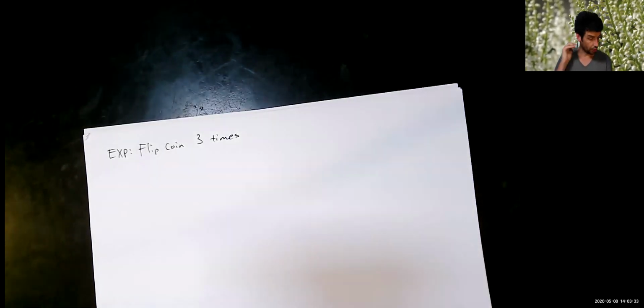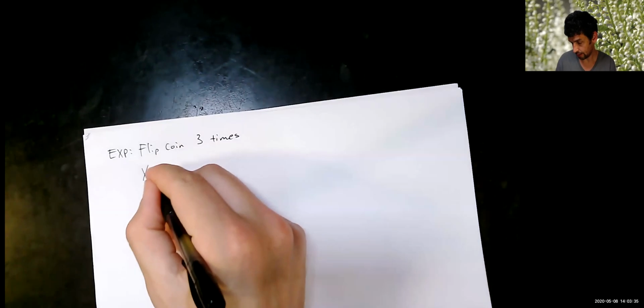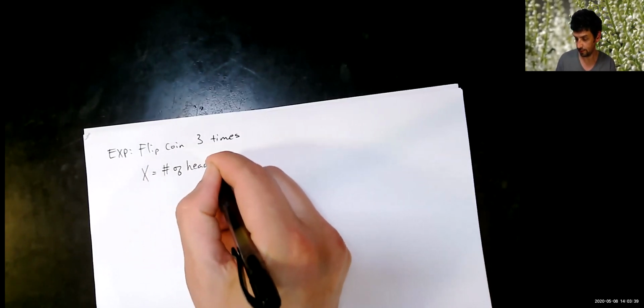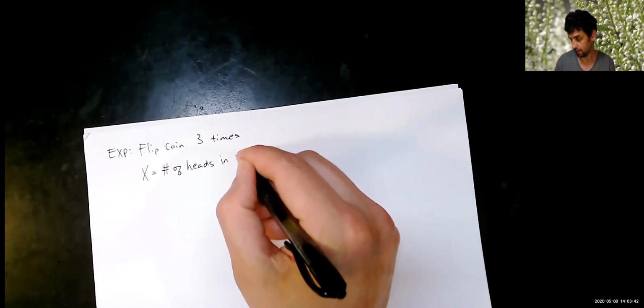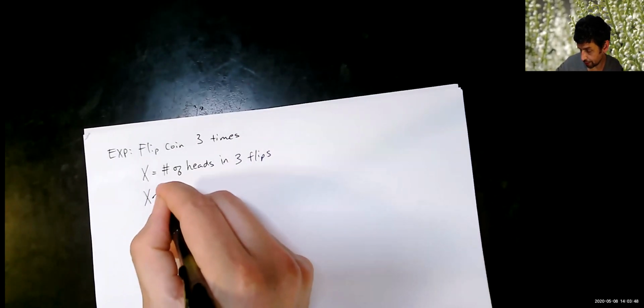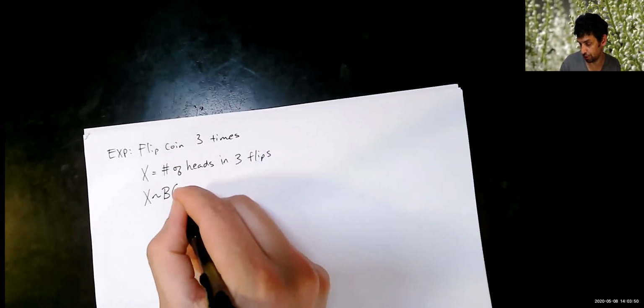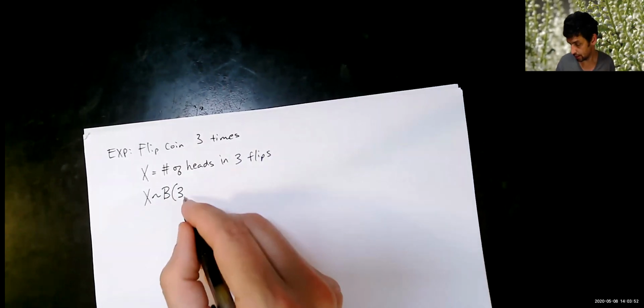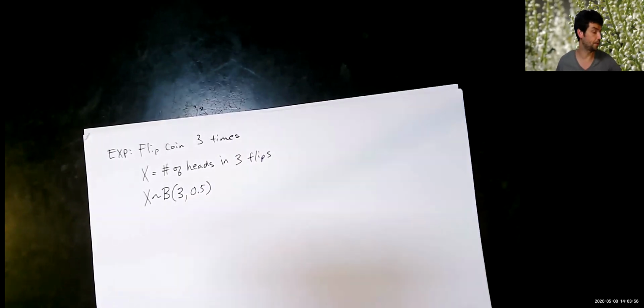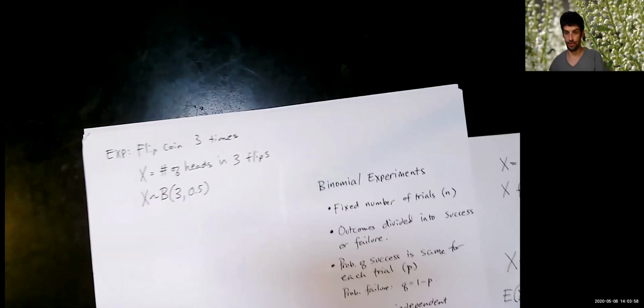Okay, so, and we'll name x the number of heads in 3 flips. Okay, so I claim x follows a binomial distribution with 3 trials and a probability of success 0.5. Let's confirm this, right?